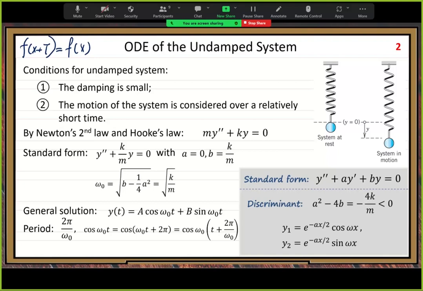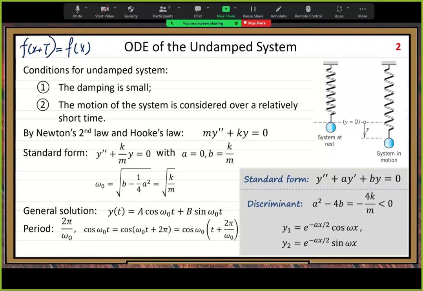By the definition of the period, here x is t, the same as the x. Little t plus this number corresponds to the capital T, the period. So that's why we treat it as the new period by definition.